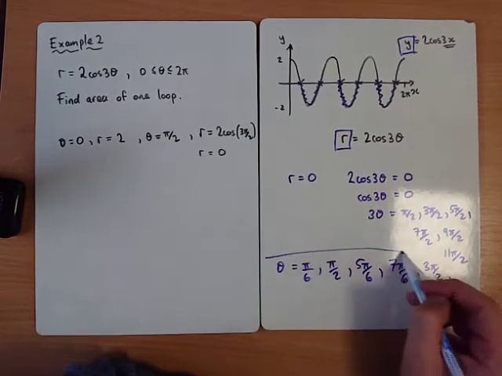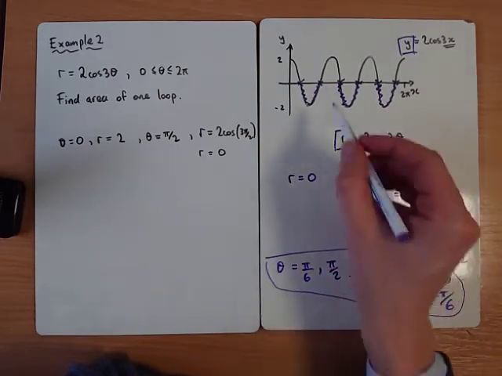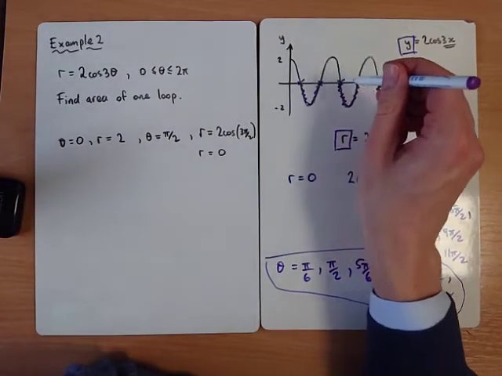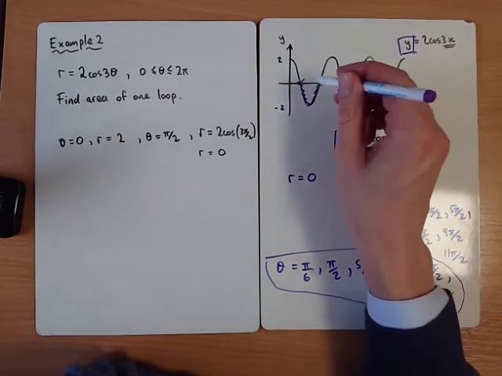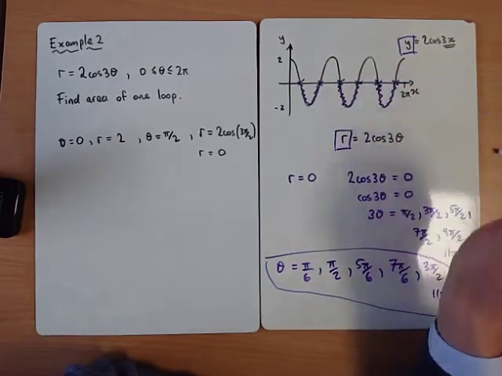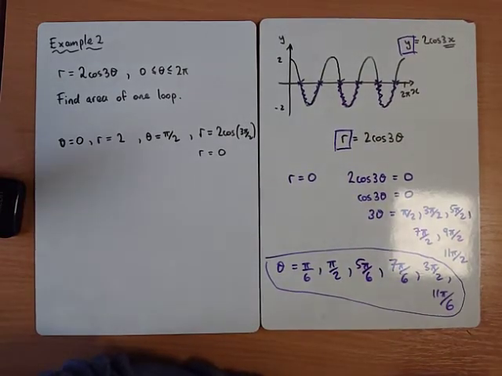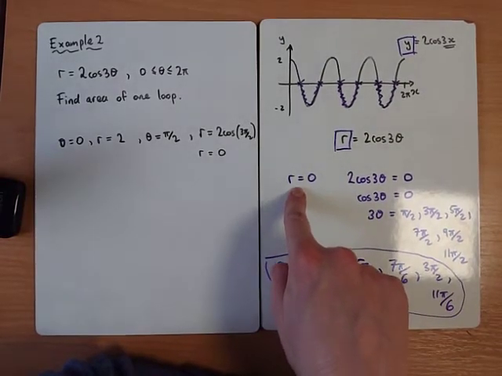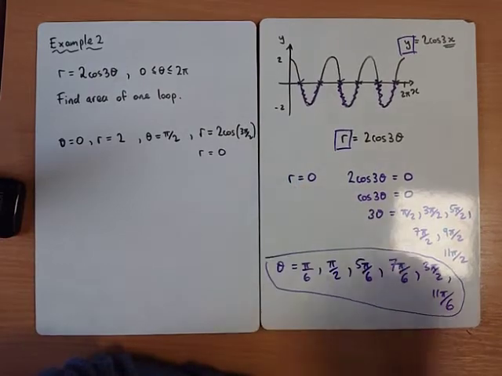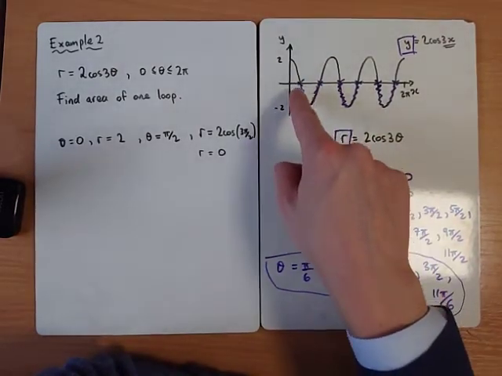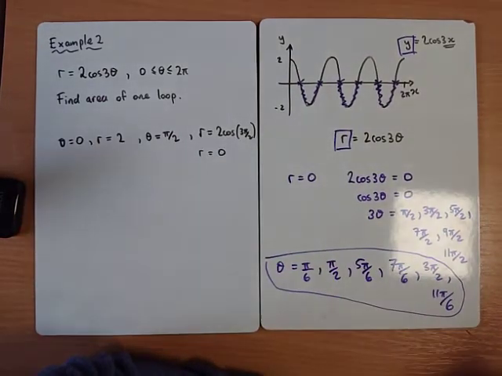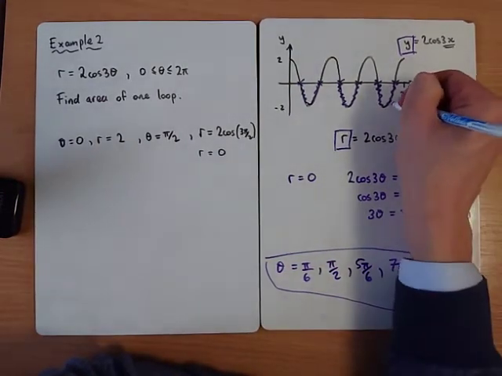So these values here would be these values here. When the original Cartesian y equals 2 cos 3x was equal to 0, that's when the r values are going to equal 0. And when r is negative, or when y is negative, we basically just don't draw the graph, the curve does not exist here.